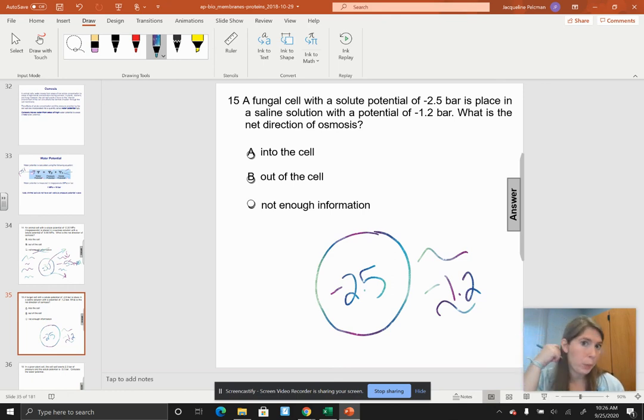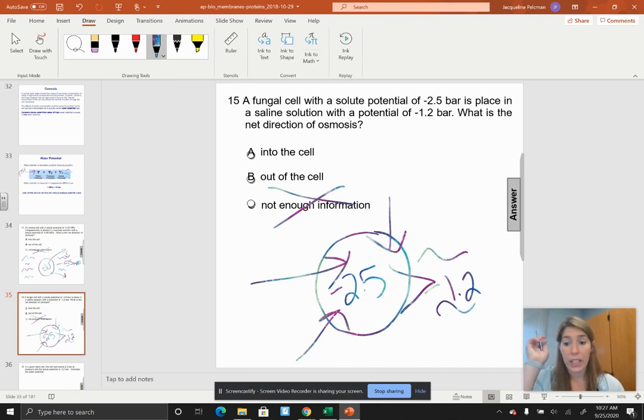Where is it going to go? Think about it. Pause the video. Work with me here. 2.5 is greater than 1.2, so the water will move into the cell.